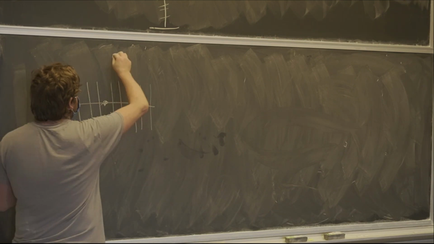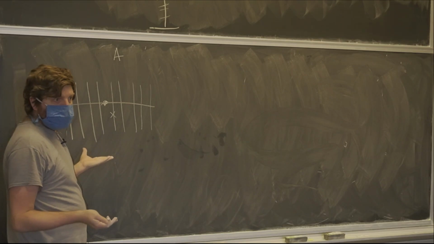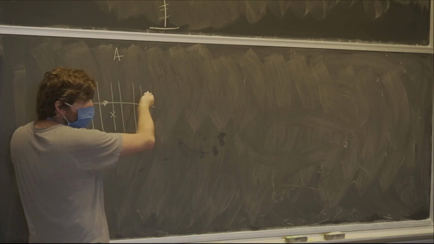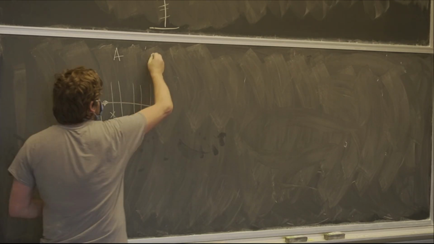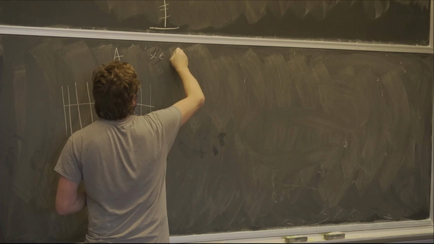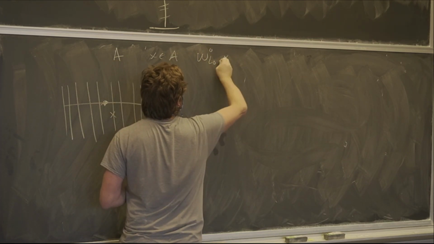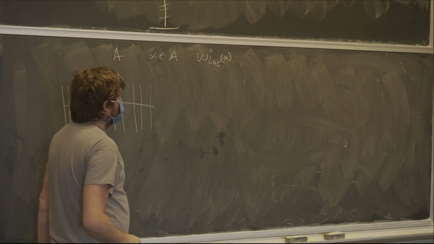Okay, you fix this set, and you are trying to define your partition, so you just define it as these pieces of unstables in this place. So for x in A, you take the local unstable manifold of x, meaning this piece here.